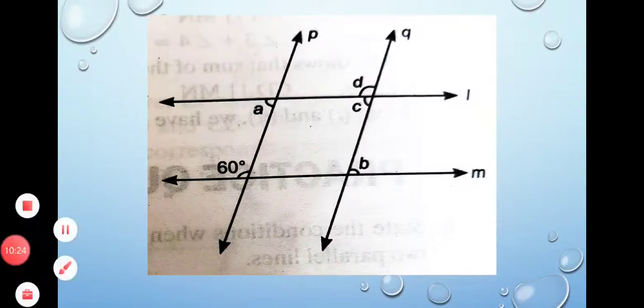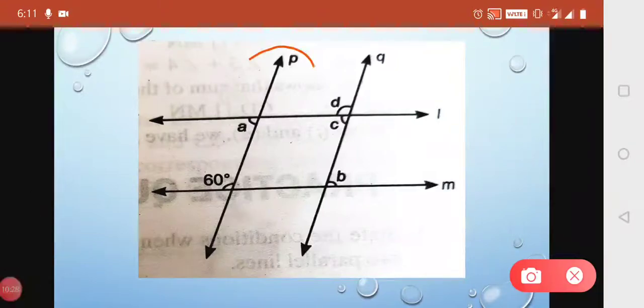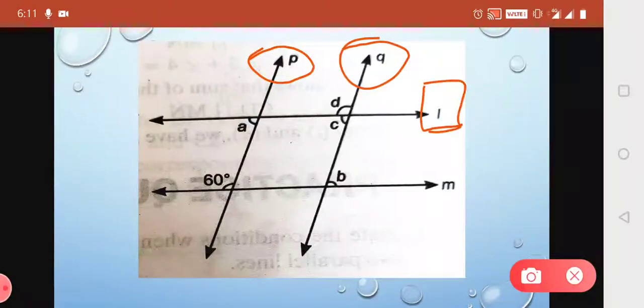You can see in the figure that when we take P parallel to Q, and now we have taken C equal to A and L as transversal. If we select L as transversal, we get value of angle A equal to angle C, because they are a pair of corresponding angles.